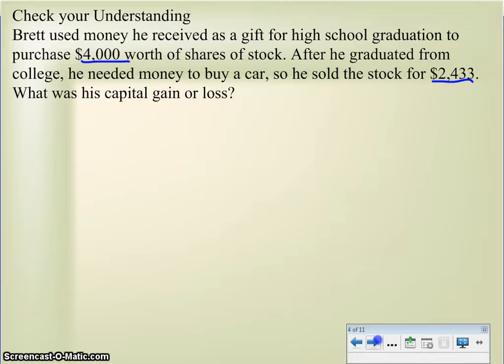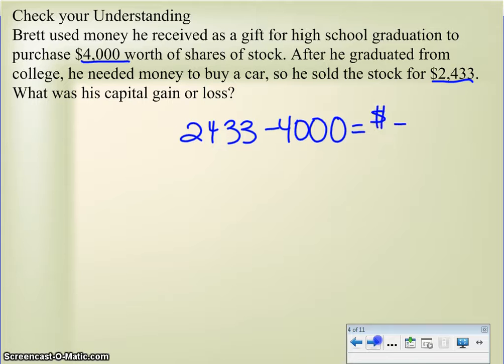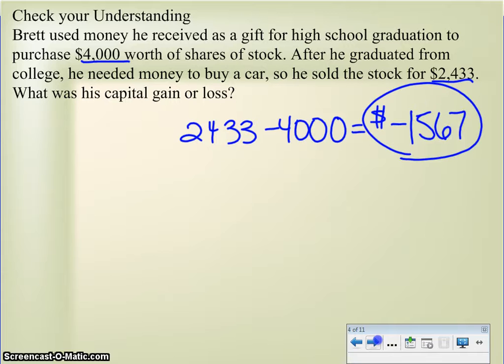So remember, we're going to take the selling price and we're going to subtract the purchase price. That way it tells us if it's positive, it was a gain. If it's negative, then it was a loss. And the purchase price, sorry, I only put 2 zeros. So it looks like here we have a net loss of $1,567.